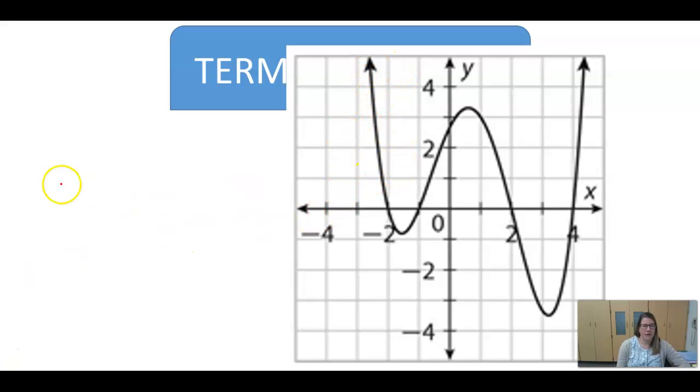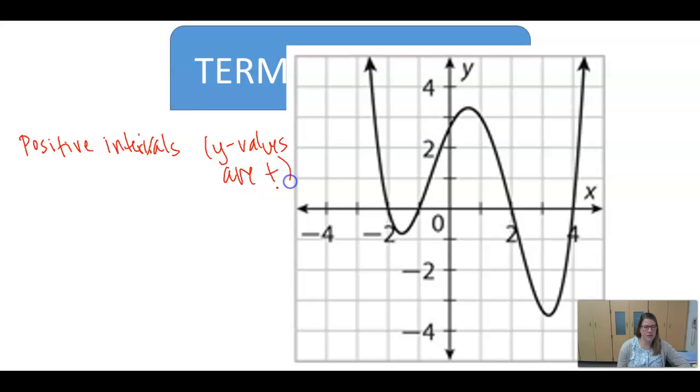So positive sections of the graph, when it says positive, it's referring to the Y values. So positive intervals are where the Y values are positive. Another way to think about that is it's the parts that are above the x-axis.